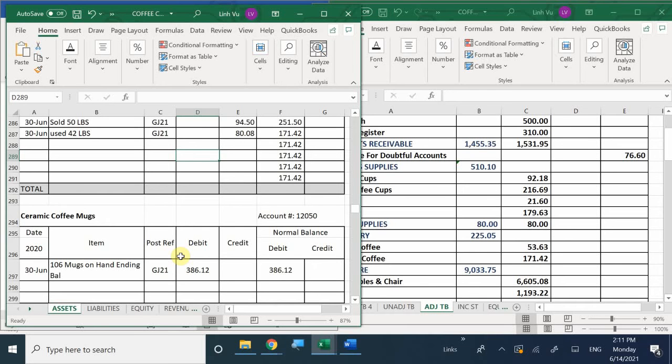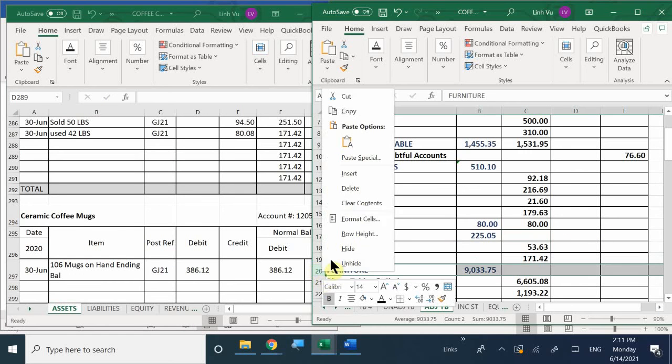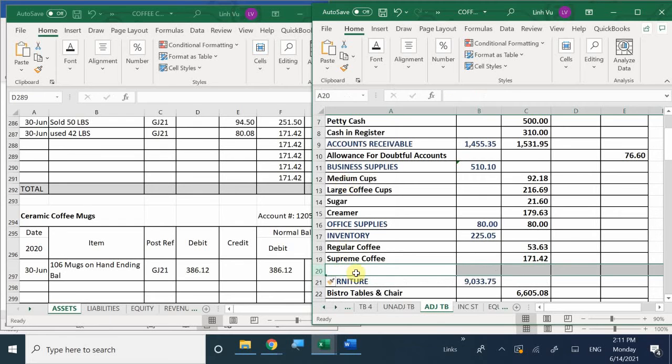So how many coffee mugs do we actually have now? So that's going to be another entry to inventory, because we need to account for the ceramic coffee mugs. How many coffee mugs do we actually have, or how much worth do we have? 386.12. Good.